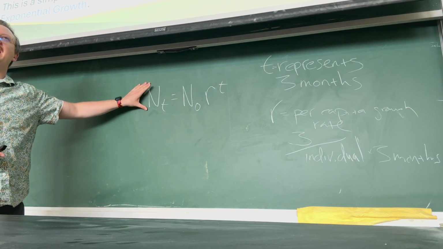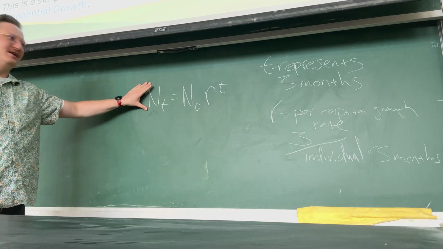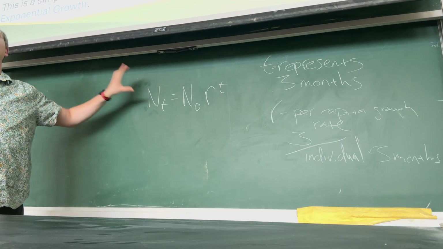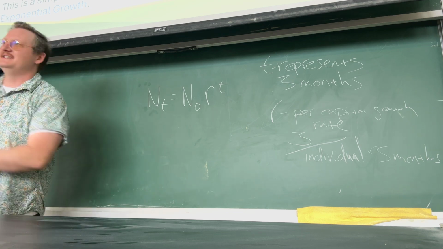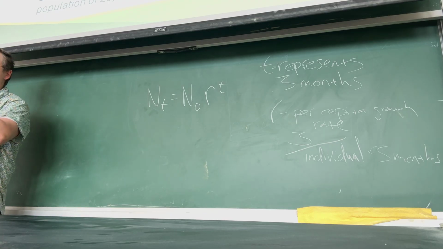It gives us an answer in the rate of change as opposed to an answer in a predicted population size, which seems like I'm splitting hairs, but it's very different. It's a very different value. Okay, cool. Geometric rate of increase for specific time periods, the specific time period here being 3-month blocks.